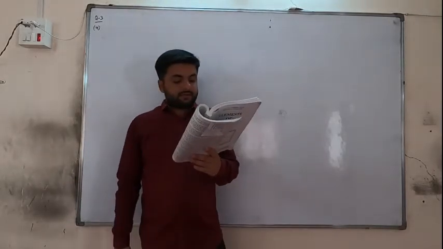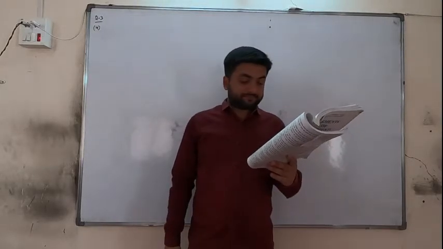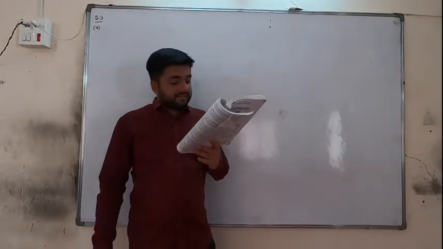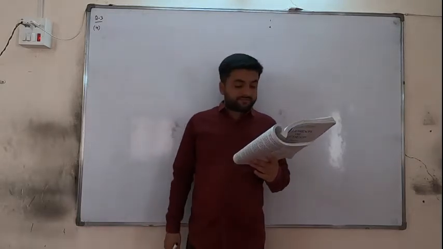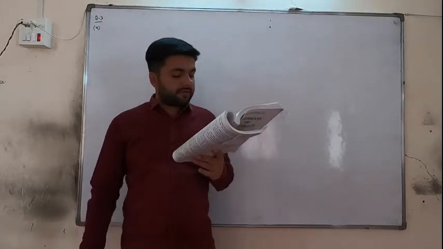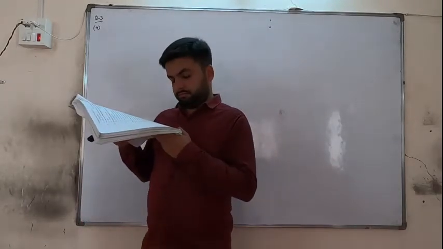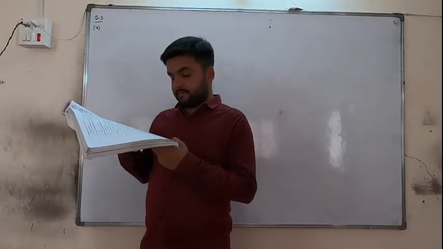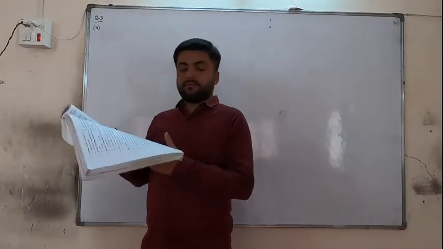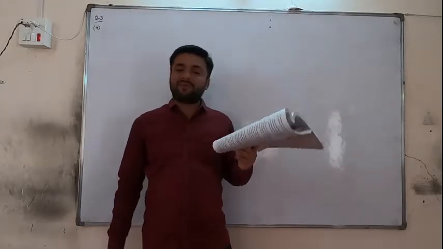A and B are partners in a firm, sharing profit and loss in the ratio of 2:1. They admitted C as a new partner for 1/5 share. C will acquire 1/10 share from A and 1/10 share from B.